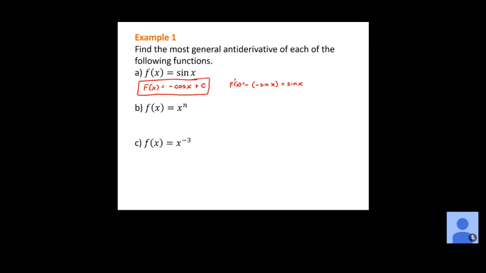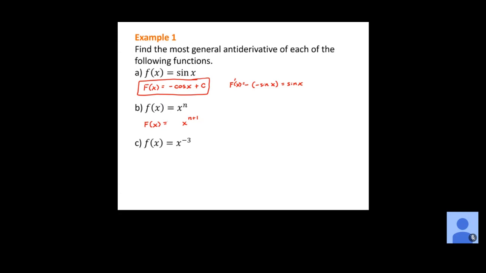All right, let's take a look at the next one now. So again, if little f of x is x to the n, we want to figure out what the initial function would have to be to give us that as our derivative. Basically, we're working backwards. So instead of subtracting 1 from our exponent, we're going to want to add 1 to that exponent. So that's where the n plus 1 comes from.